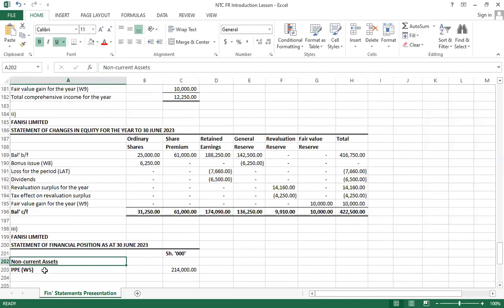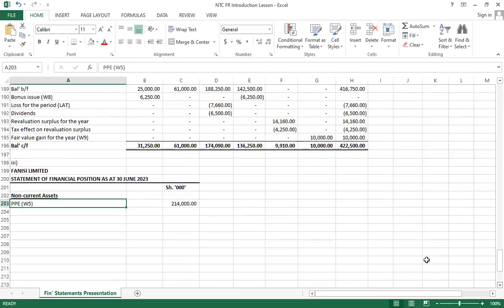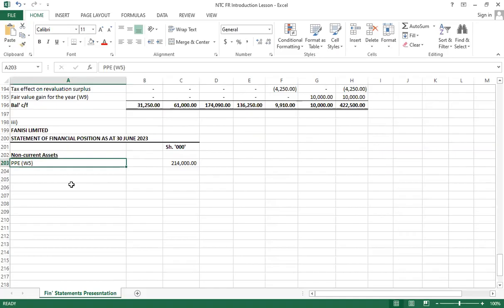I will repeat on this particular item that you cannot come to this balance sheet and start saying that separately you have land and buildings, and separately you have plant and equipment. That's not allowed.